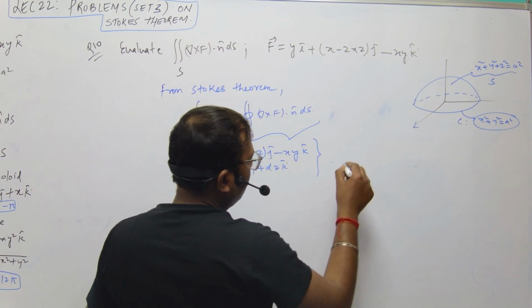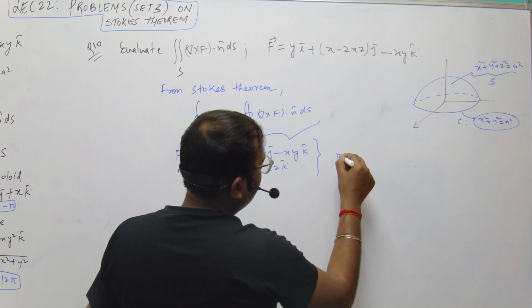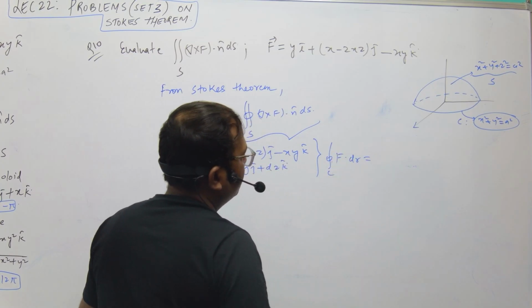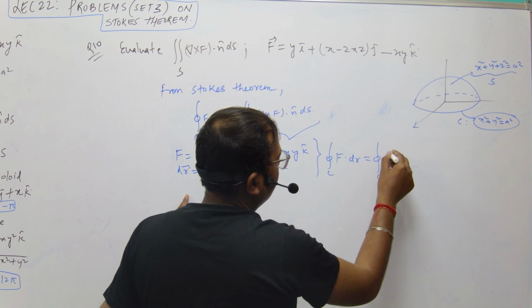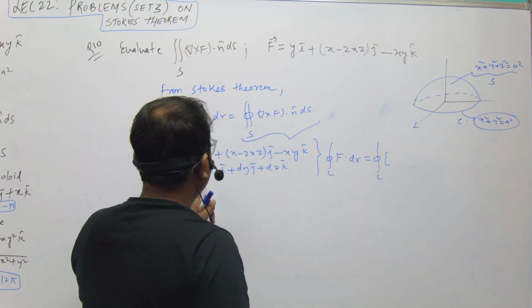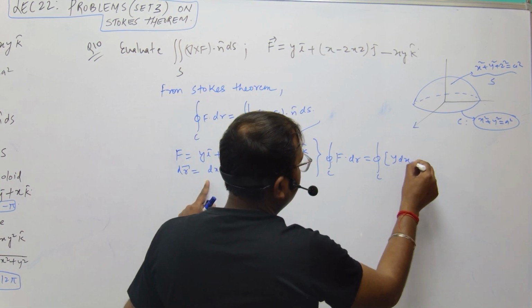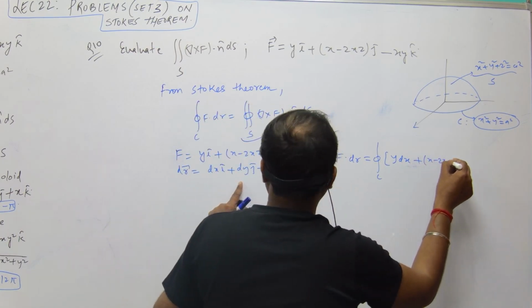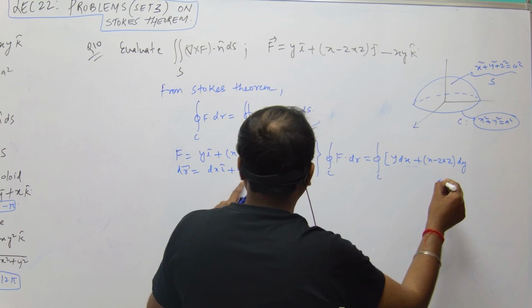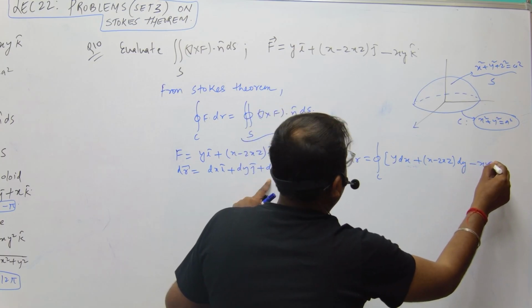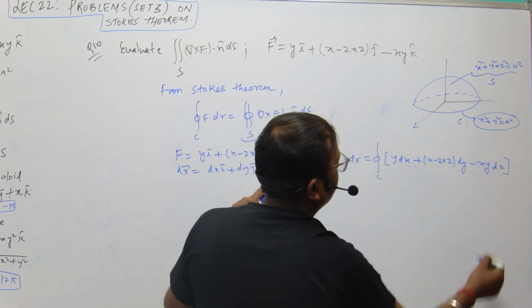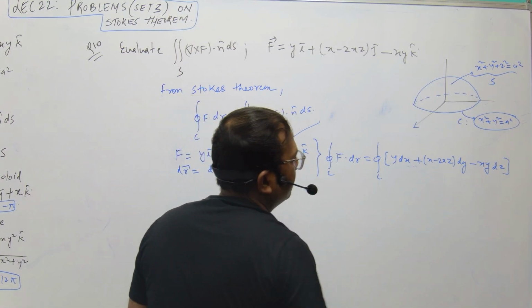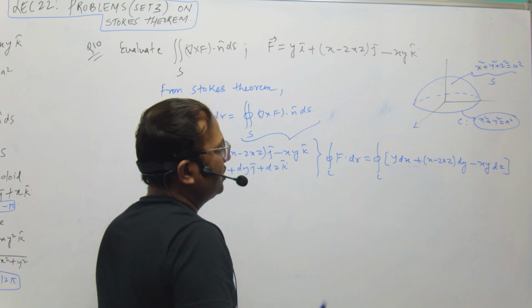So f dot dr along the curve C will be y dx plus x minus 2xz into dy minus xy dz.